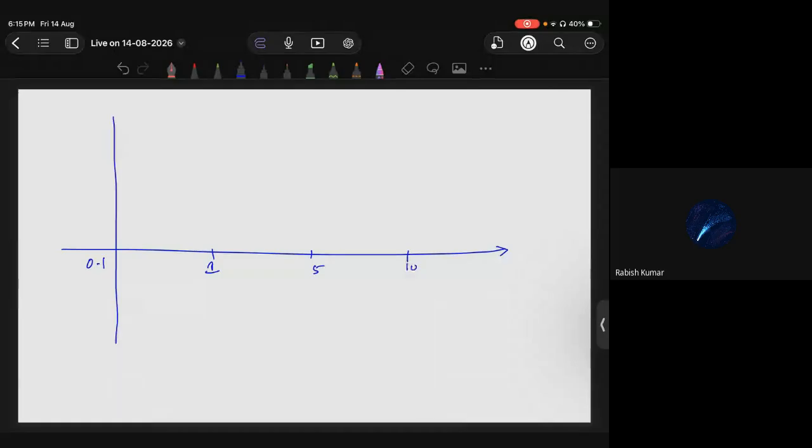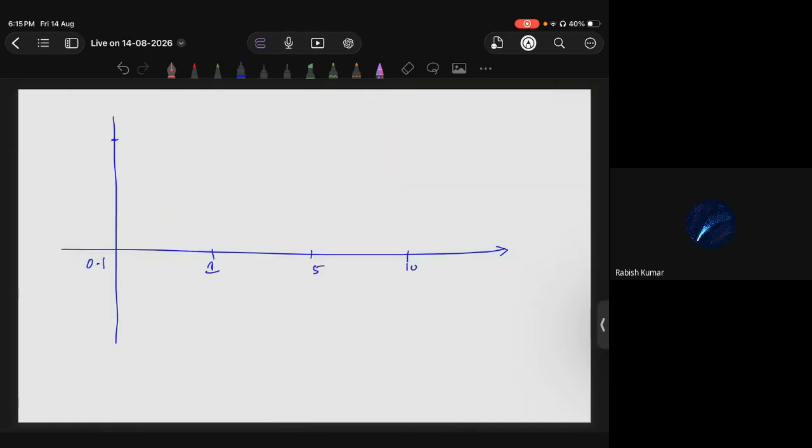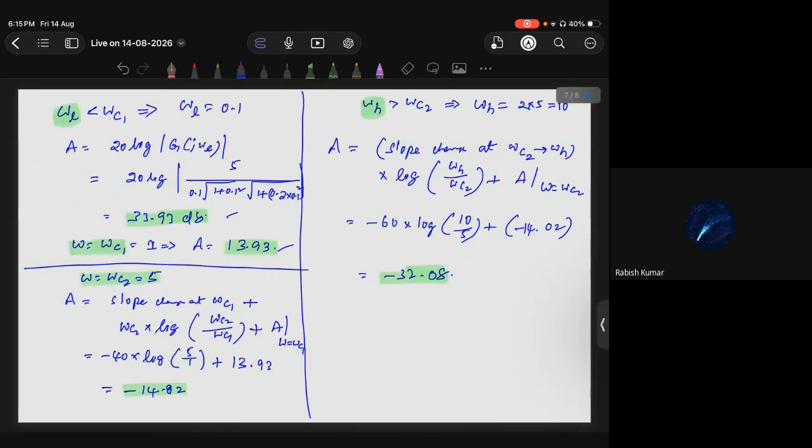At 0.1, the value is 33.93. At 1, the value is 13.93. At 5, the value is minus 14.02.